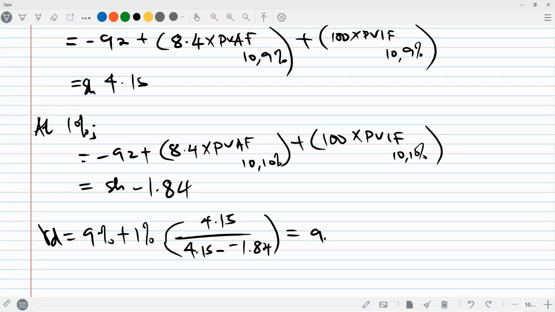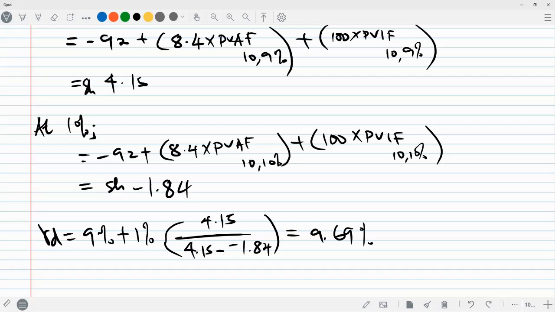That gives us 9.69%, therefore the cost of this debt.